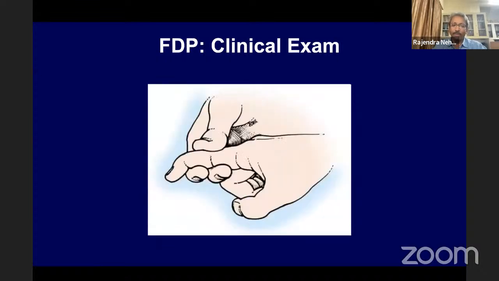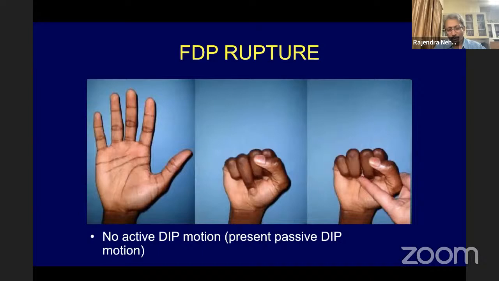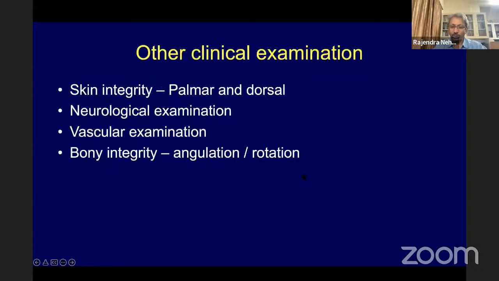When you test the FDP, you have to fix the PIP joint and then see the terminal flexion. For example, this is an FDP rupture. There is no active DIP motion in the ring finger. Though it can be passively flexed, actively the patient will not have flexion of the DIP joint.